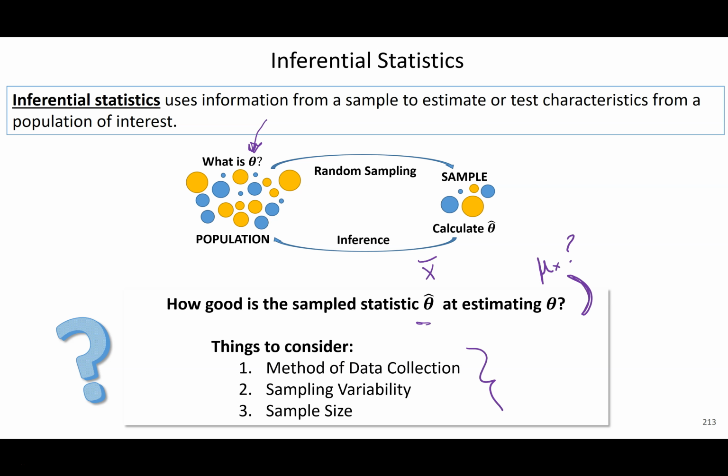So we want to definitely consider how the data were collected, how they are sampled. We want to consider sampling variability as well as sample size. If we have a sample that's too small, a lot of the time it's very difficult to find that your estimation is very consistent from sample to sample.